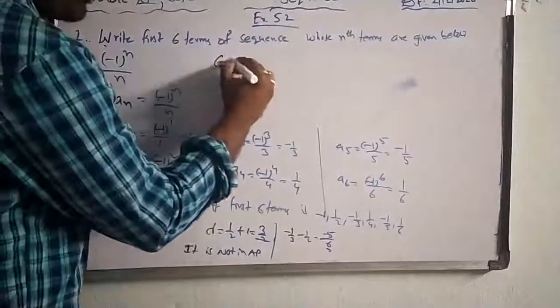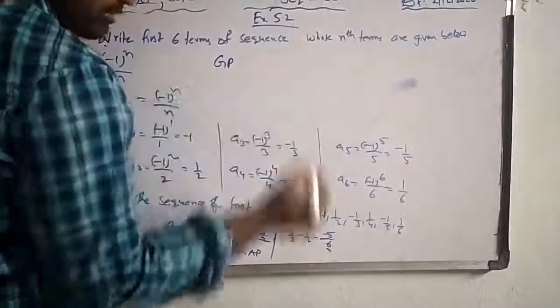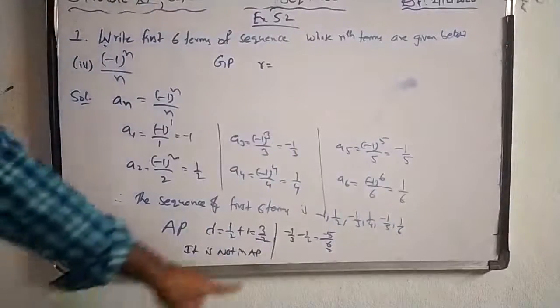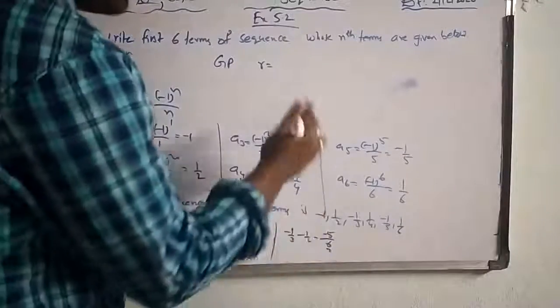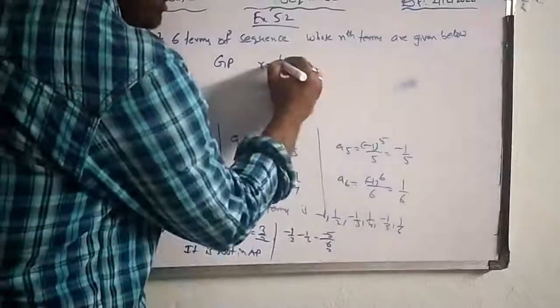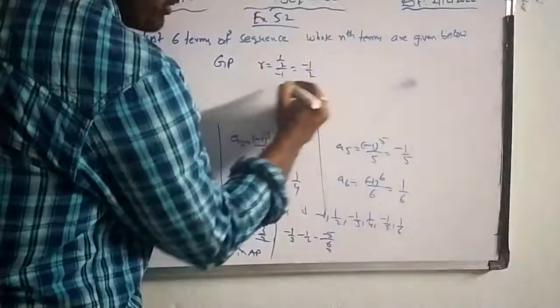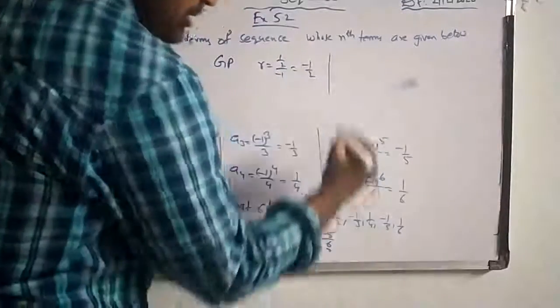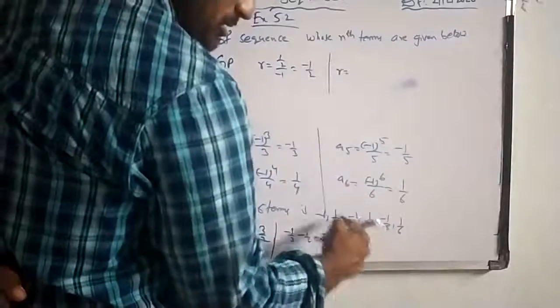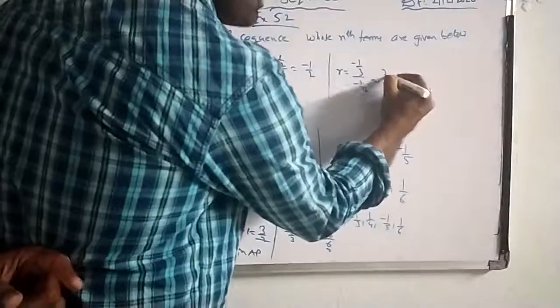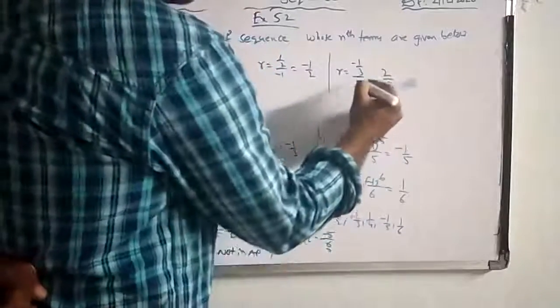So next, if I want to check geometric progression, I have to check the common ratio. The common ratio should be constant. So common ratio is T2 by T1, that is 1 by 2 by -1, which is -1 by 2. The other common ratio is -1 by 3 divided by 1 by 2, that is 2 by 3. Minus gets cancelled.